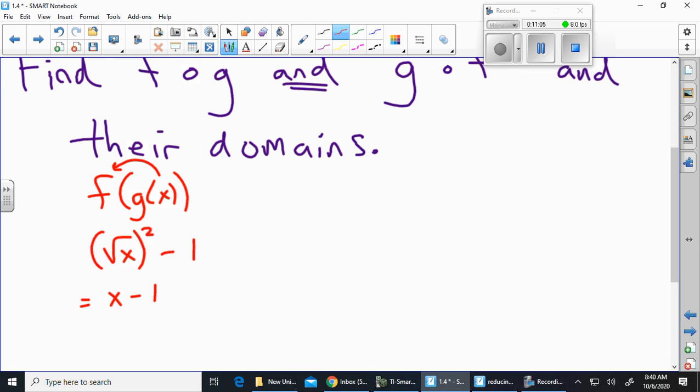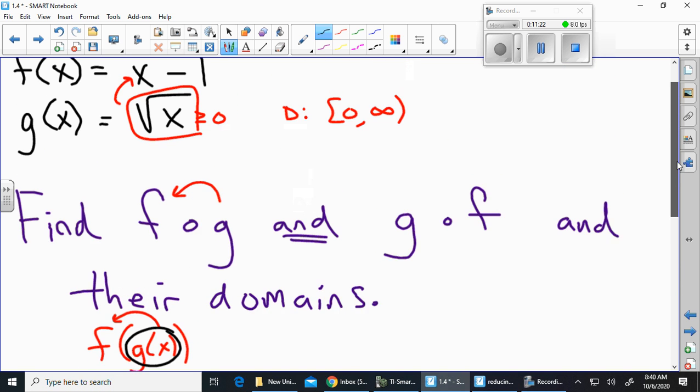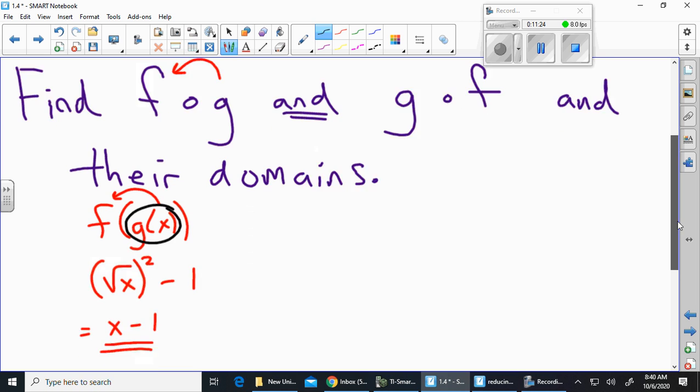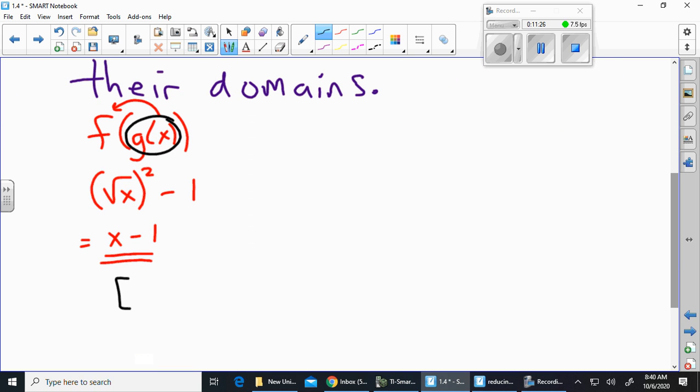But now, what's the domain? If you look at this, you're going to tell me negative infinity to infinity. The most the domain can be is the domain of g. So what was the domain of g? 0 to infinity. And nothing else will work in that function.